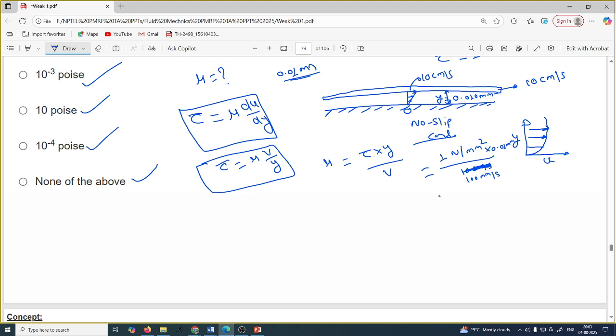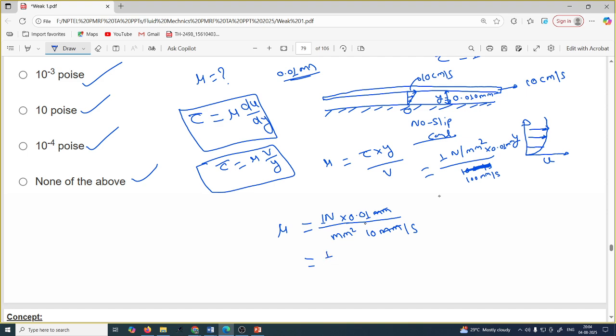So after your calculation, what you will get? 1 Newton per mm square into 0.01 mm into 100 mm per second, and this is viscosity. So mm and this mm will cancel out, but you have another mm also.